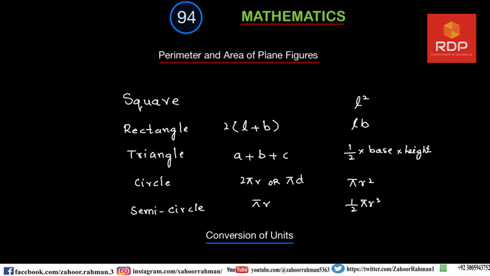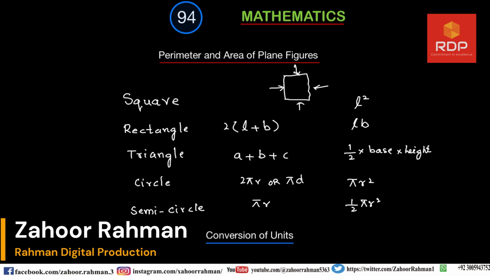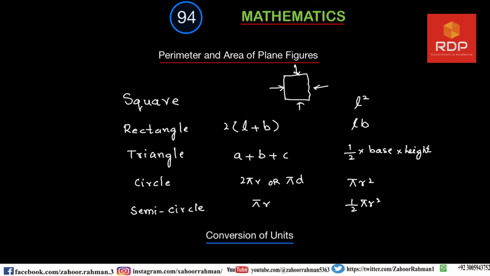For example, if we are having a square like this and we want to find the perimeter of this, we have to find the length of this and this and this and this side, and we'll add all of them together and we will find the perimeter. For that, we have a simplified formula. We will discuss that in a moment.